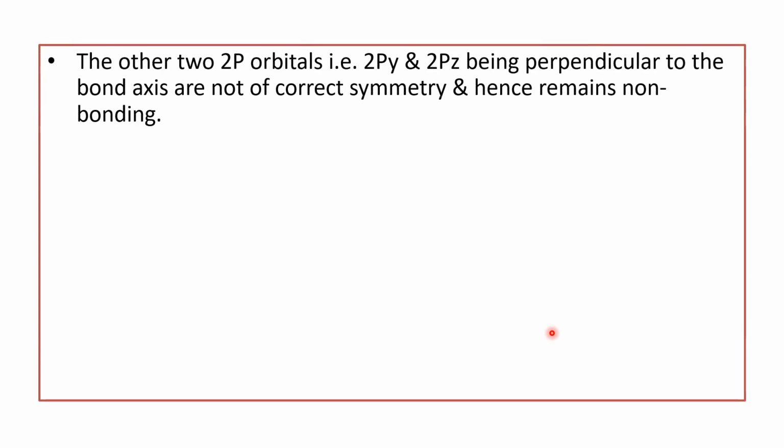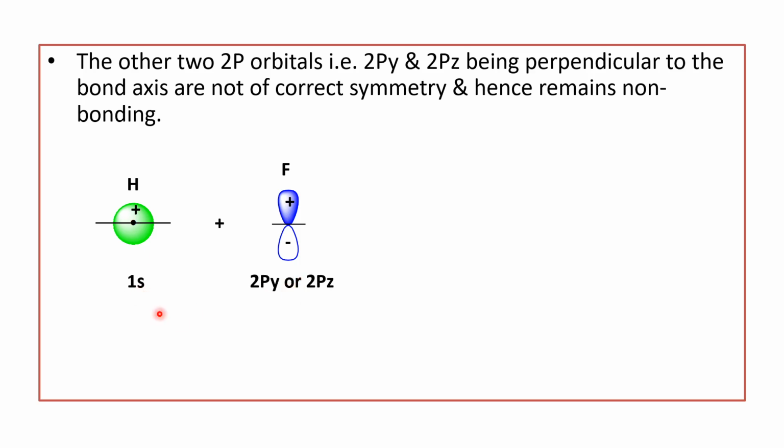Whereas if you see the other two 2p orbitals, that is the 2py and the 2pz, they are perpendicular to the bond axis. That means they are not of correct symmetry, and hence they remain as non-bonding. Let's see this. We are having the hydrogen with its 1s atomic orbital, and the remaining is the fluorine with the 2py or the 2pz.